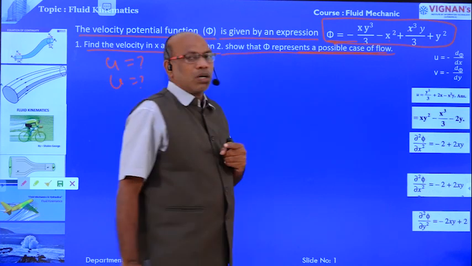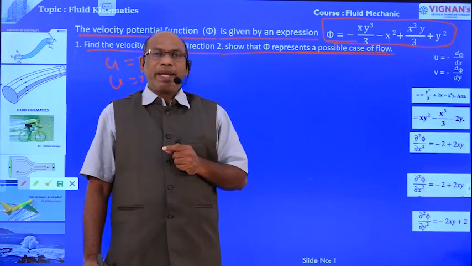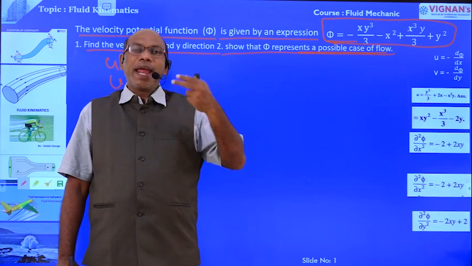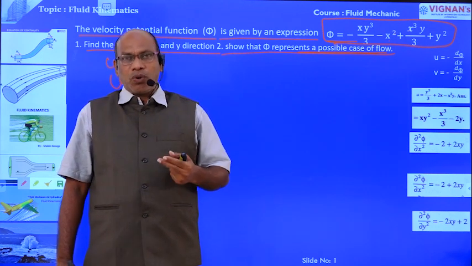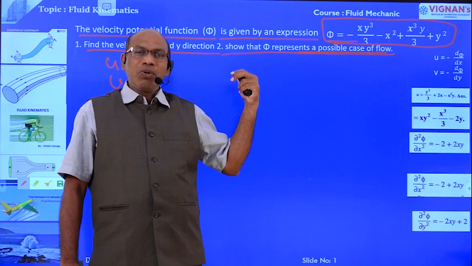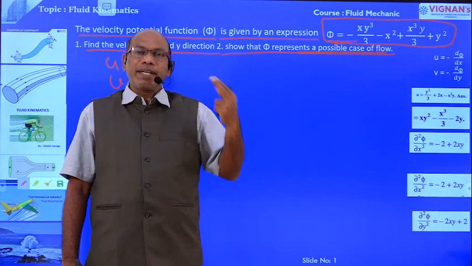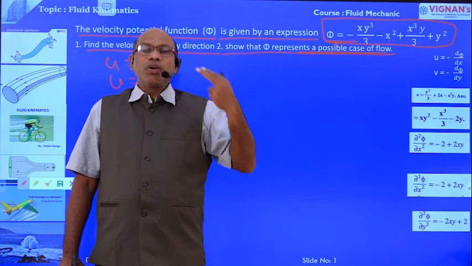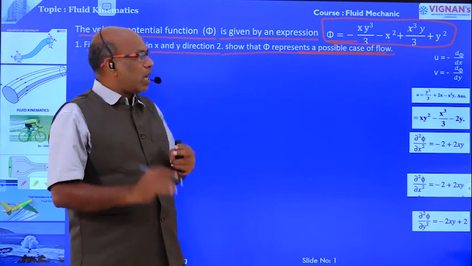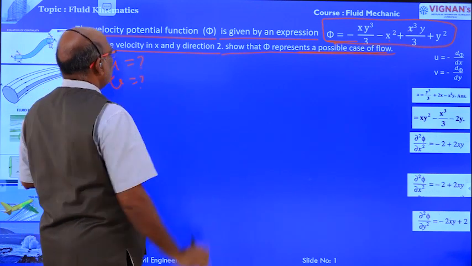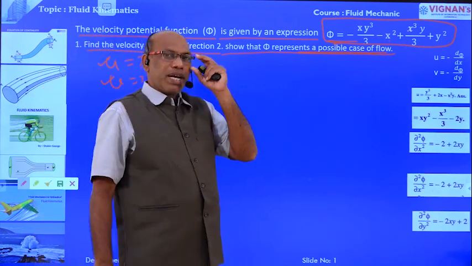The flow is a possible case of flow means the flow is a steady, incompressible, irrotational flow. If this phi value satisfies the Laplace equation, the flow is steady, incompressible, irrotational flow, right? First we are going to determine u and v based on the given data.